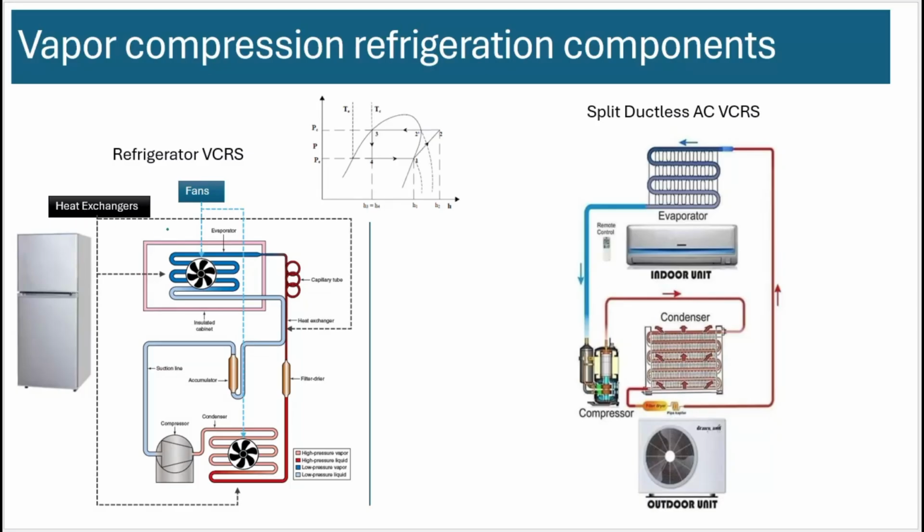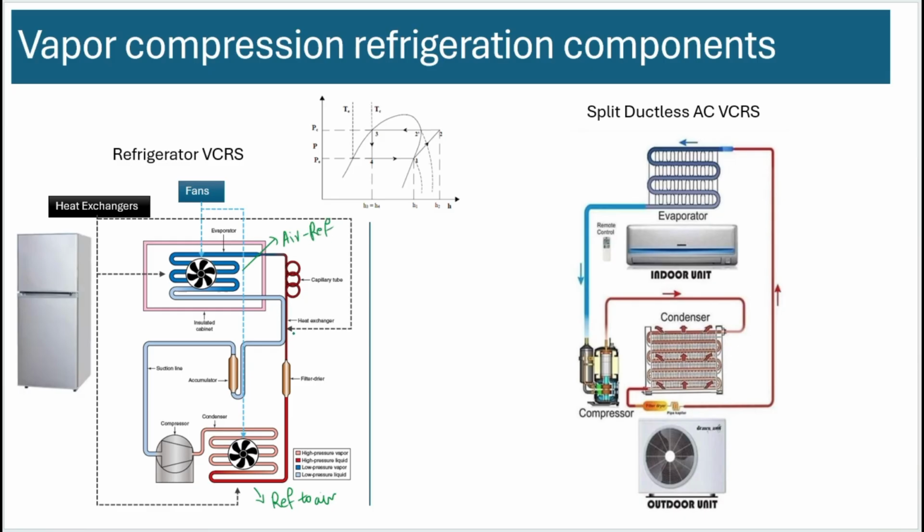If you look at the VCRS components diagram from the previous lecture, you can see that the heat exchangers are present at the condenser. Primarily at the condenser, it's a refrigerant to air heat exchanger, and you also have the evaporator, again an air and refrigerant heat exchanger.